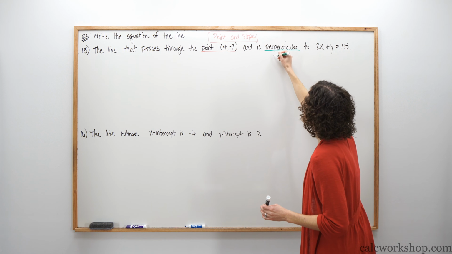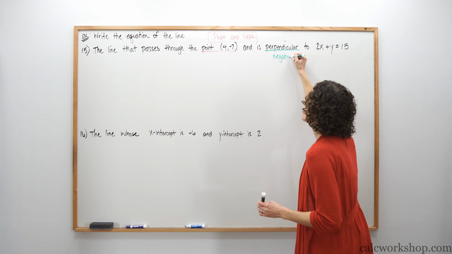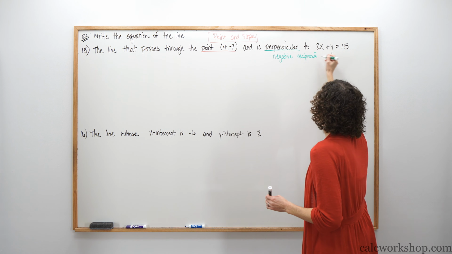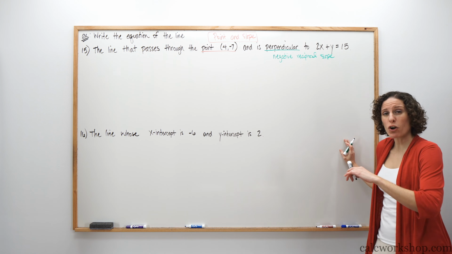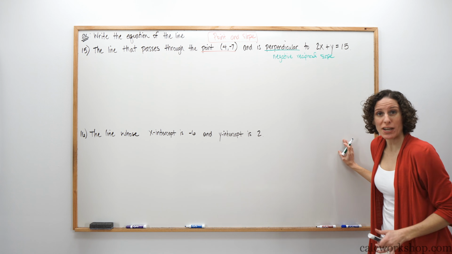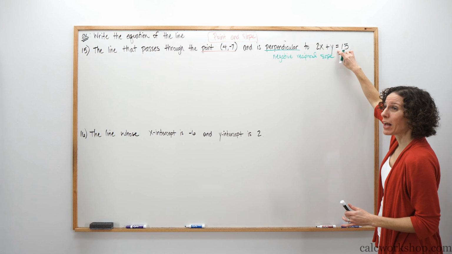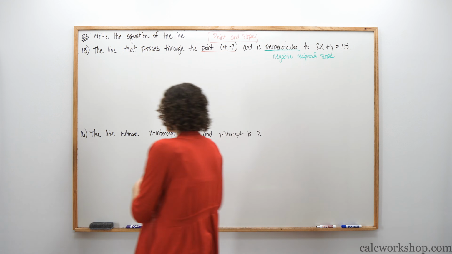And perpendicular means negative reciprocal slope. Meaning if we can find the slope, all we got to do is flip it and change its sign. So let's go and find what the slope of this line is, and then we can flip and change the sign. Here we go.